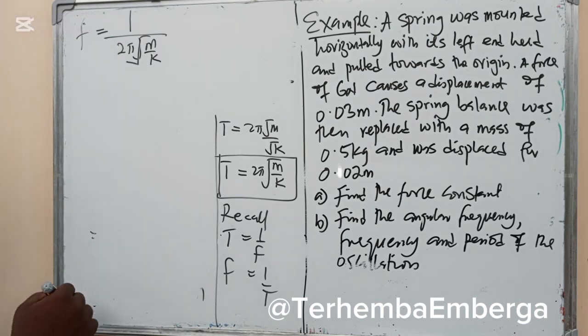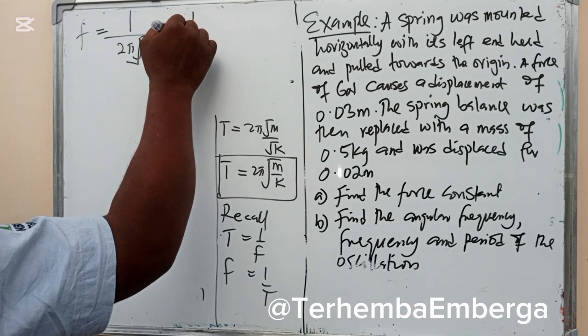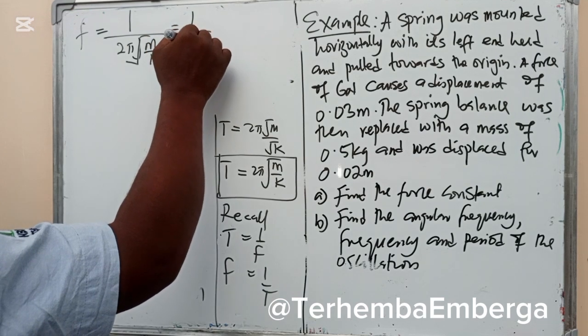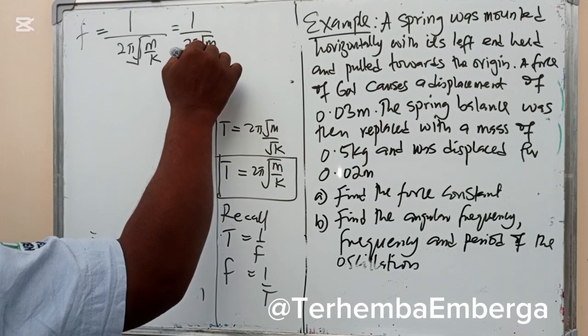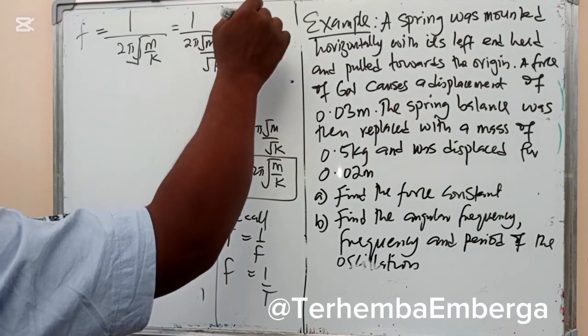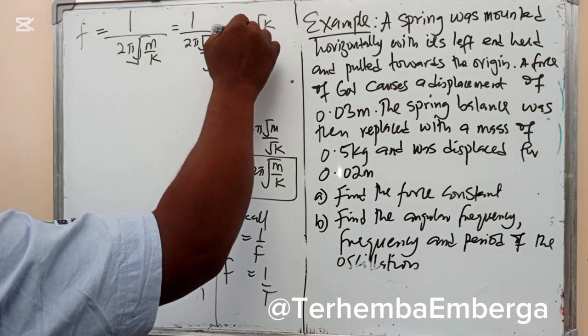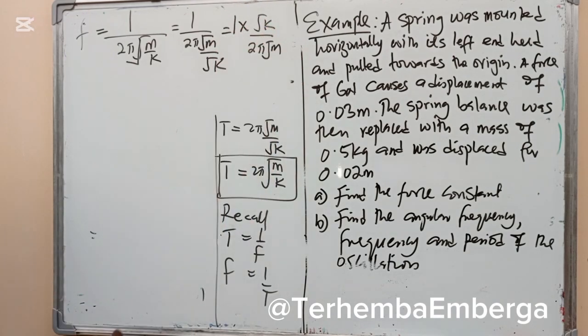So we can write this as 1 all over 2 pi square root of m all over square root of k, which we can write as 1 times square root of k all over 2 pi square root of m.